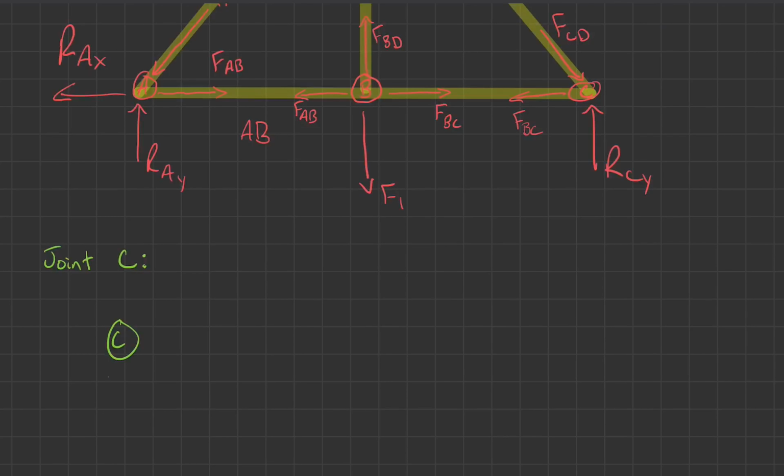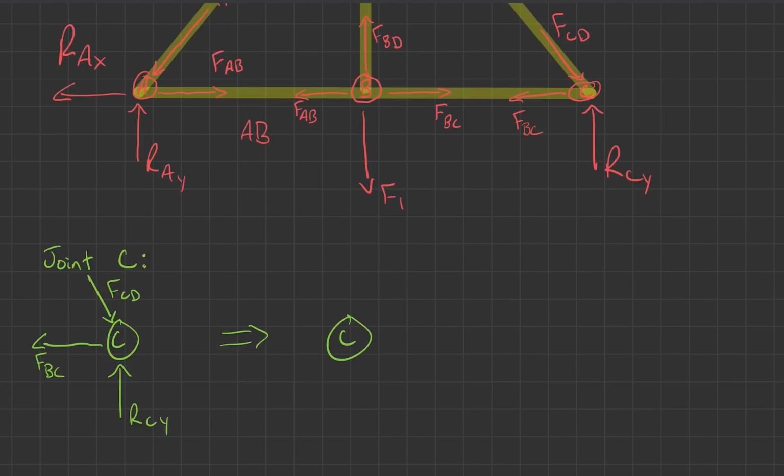So if we look at joint C here, joint C looks like that. It's got RCY acting on it. It's got this force, which we called the force BC, and then it's also got this force going down like that, which is the force CD. Okay, we could redraw this guy to look like this. Basically, I'm going to break it down into its components so that we can look at it better. That way we can sum our forces in each direction properly.